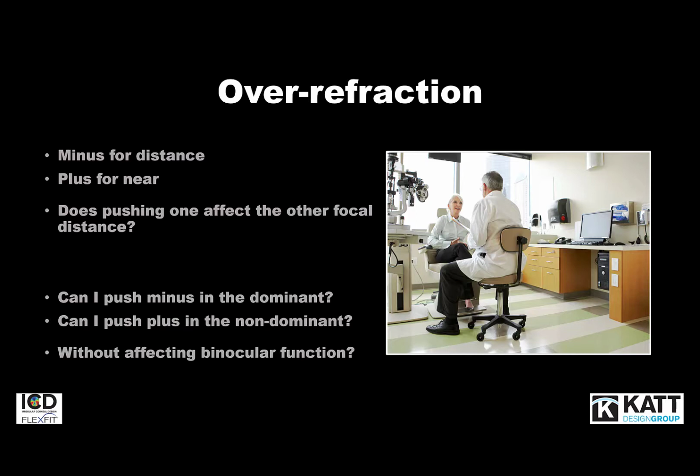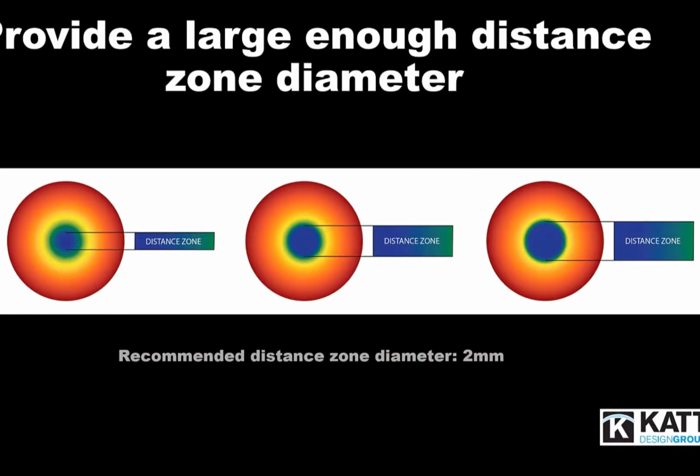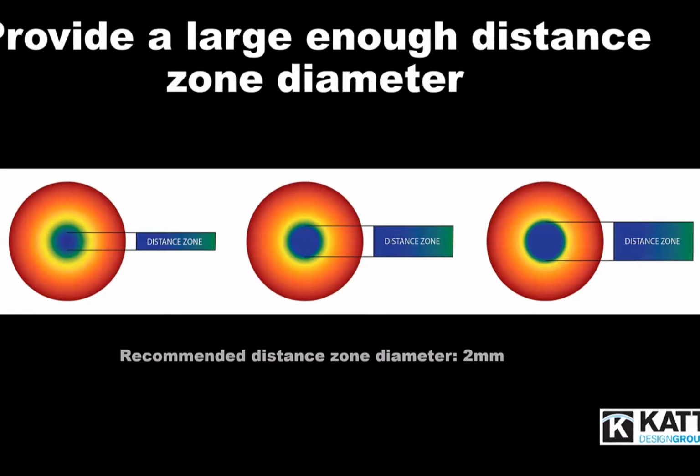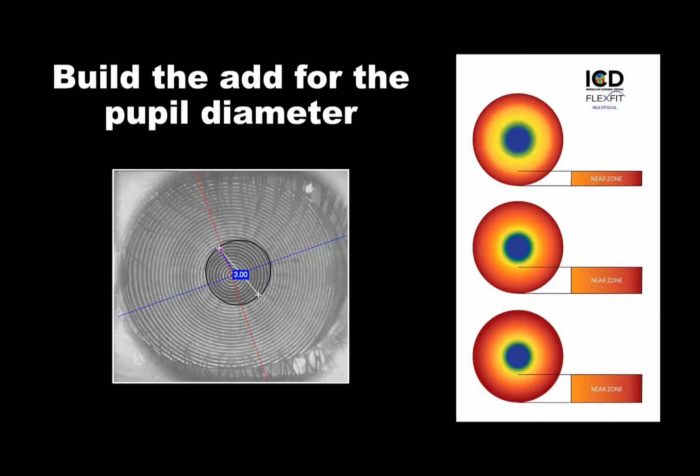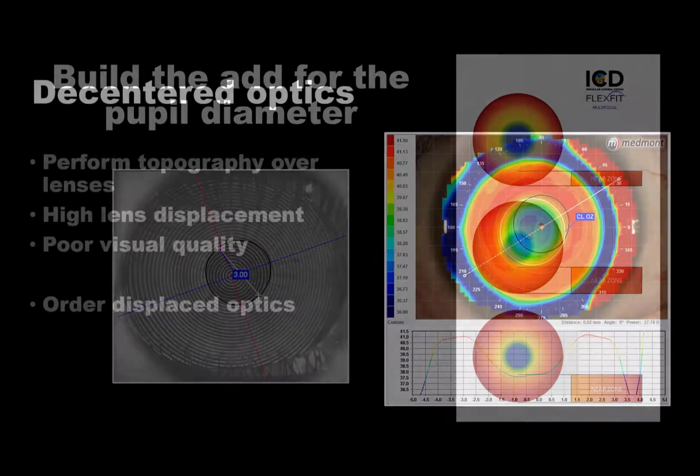If a simple modification to the distance or near will not provide us with the quality of vision that we require, then we'll look at altering the zone sizes. Additionally, increase the distance zone diameter when we need to improve the distance quality of vision. A helpful tip is to decrease the near zone diameter when the patient requires improvement of their near magnification.